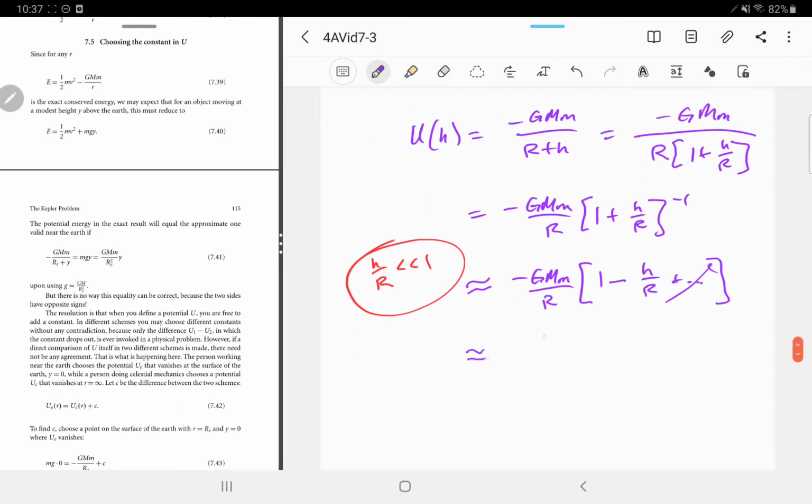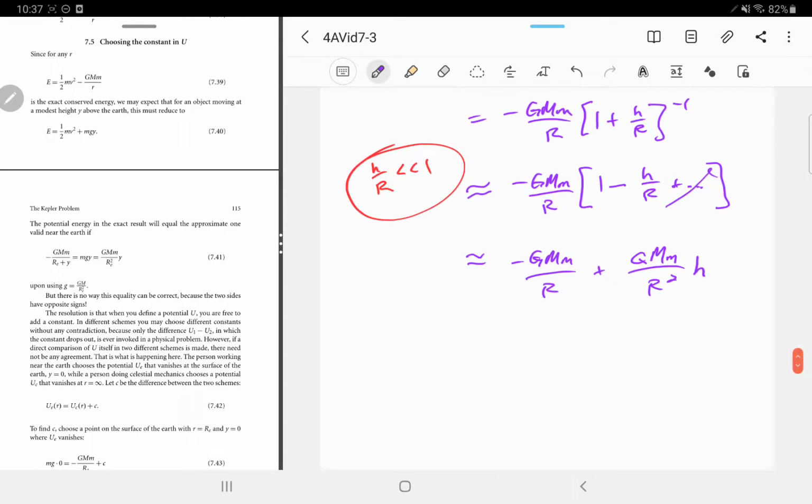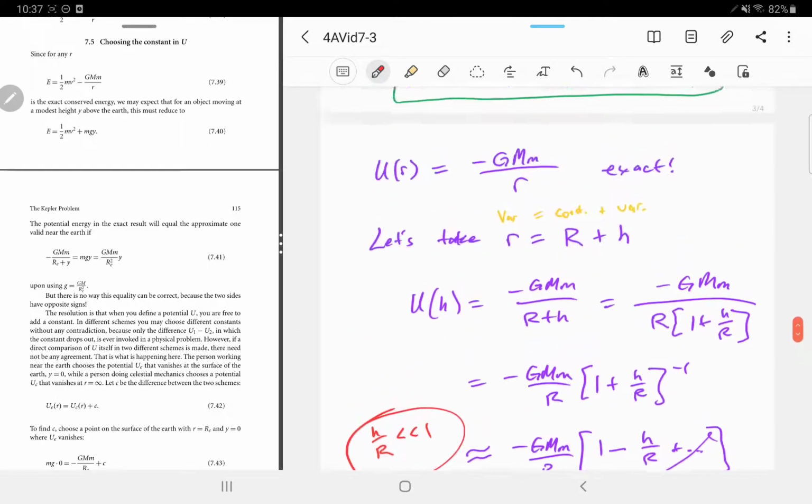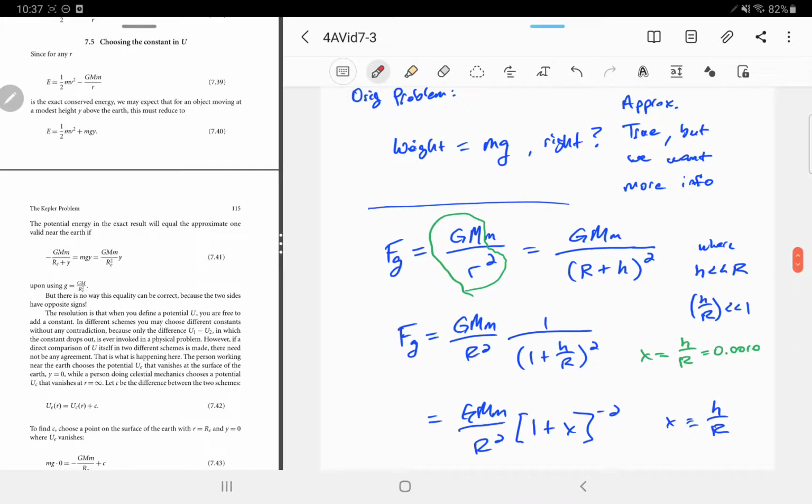Okay, so this is minus GMm over r plus GMm over r squared times h. And let me remind you at this point what we call g, you know, the 9.8 meters per second squared.